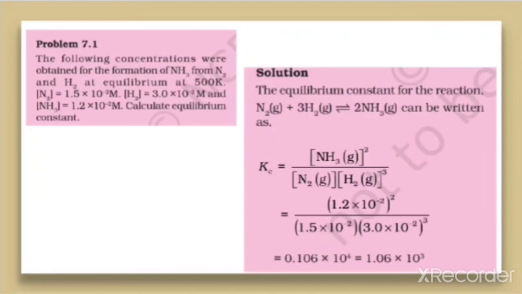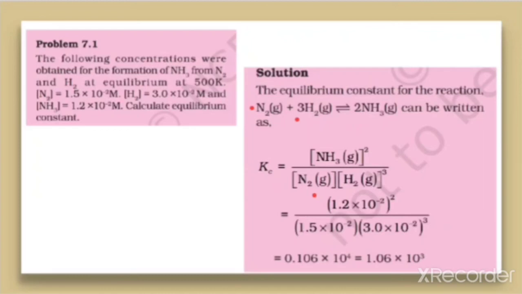Now write the expression: Kc is equal to the concentration of NH3, because this is on the product side, to the power 2 because the stoichiometric coefficient is 2, divided by the concentration of N2. Here the stoichiometric coefficient is 1, therefore on the power we need to write 1, but it is not necessary to mention 1.